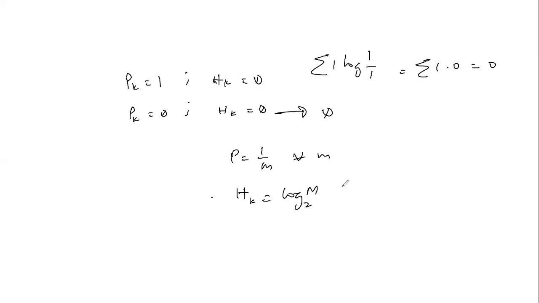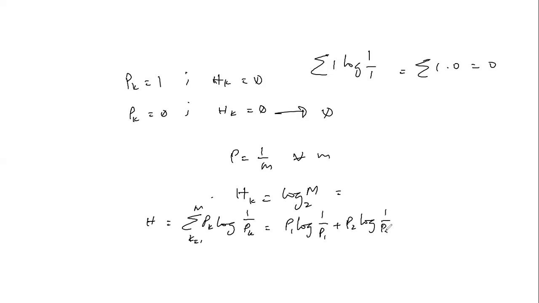And this is not difficult to prove because here we have that the entropy is equal to the sum from 1 to m of Pk log 1 over Pk. And now we have for all m, P1 log 1 over P1 plus P2 log 1 over P2 plus all the way to Pm log 1 over Pm. That's what we have, right?